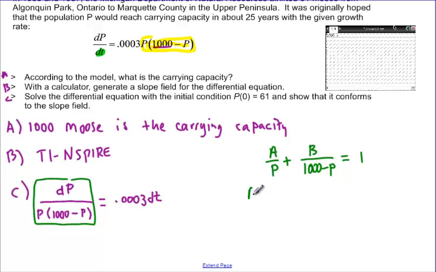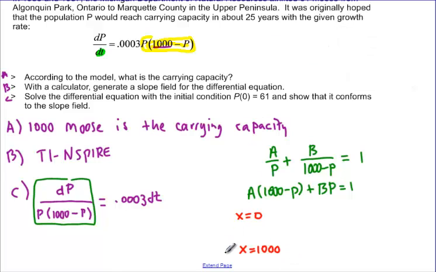Well, it's A times (1,000 minus P) plus BP equal to 1. And so I pick my very specific values of x here. I'm going to let x equal 0 in one instance, and I'm going to let x equal 1,000 on the other.